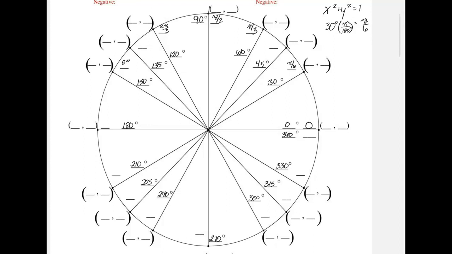We're at 5 pi over 6 here, so we're just adding pi over 6. 6 pi over 6 reduces to pi. 7 pi over 6. 8 pi over 6 reduces to 4 pi over 3. 9 pi over 6 reduces to 3 pi over 2. 10 pi over 6 reduces to 5 pi over 3. 11 pi over 6. And then 12 pi over 6 reduces to 2 pi.